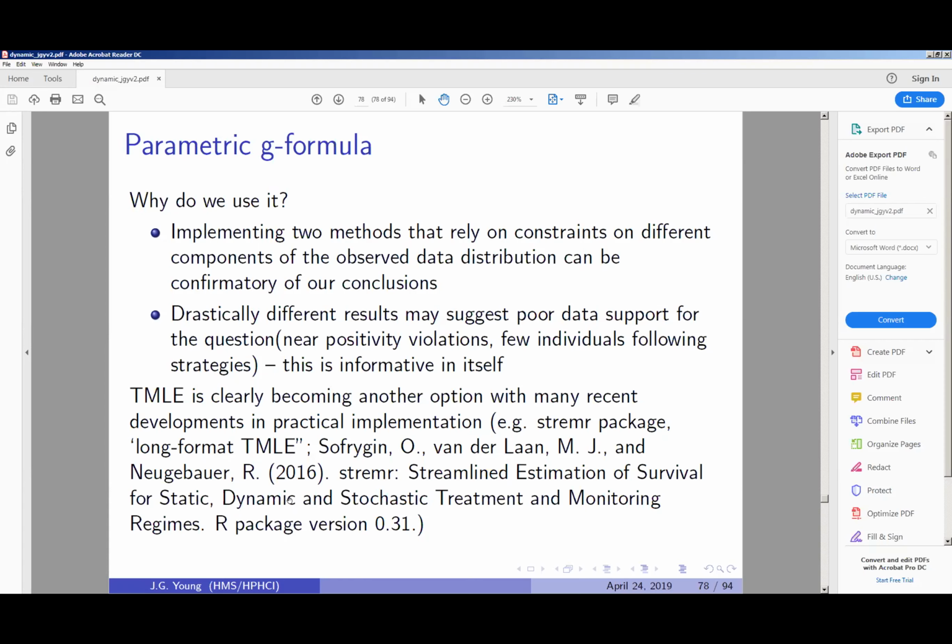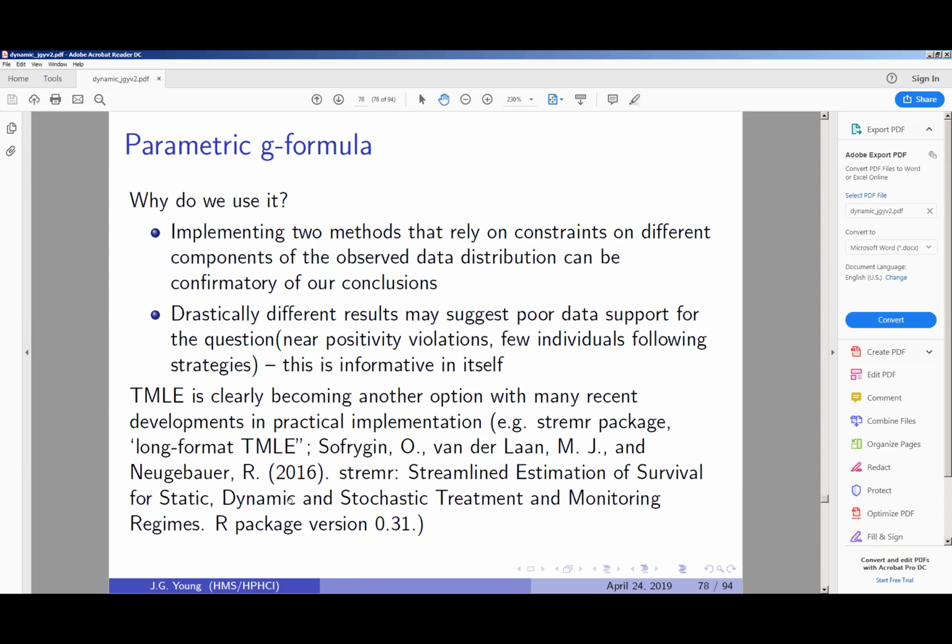I don't know him, and he has no affiliation with me or with Berkeley or anyone that works on these methods, I think, but has a nice simulation and applied comparison of the parametric G formula and longitudinal TMLE.